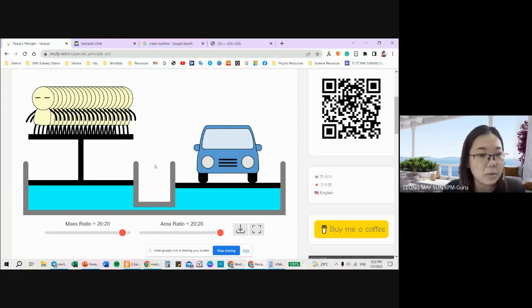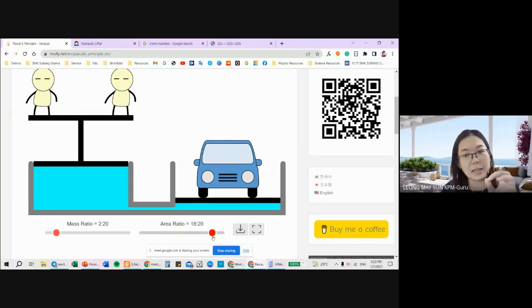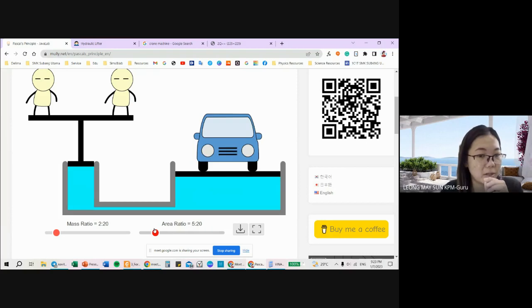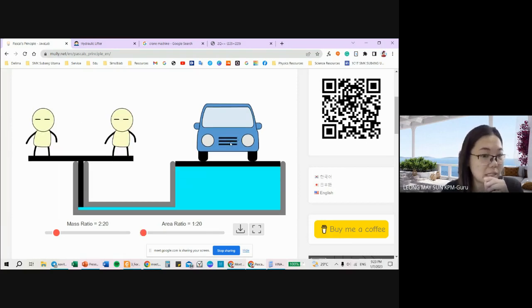So if I wanted to be able to move this load up, assuming this is the dentist chair, I want to move the person up. So I have to increase the force multiplier, which means the bigger piston has to become bigger. The master piston, or the smaller input piston, has to become even smaller. So when the input piston becomes smaller, you'll be able to lift this up easily.